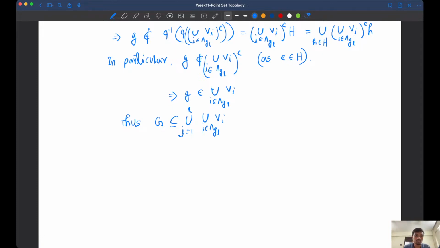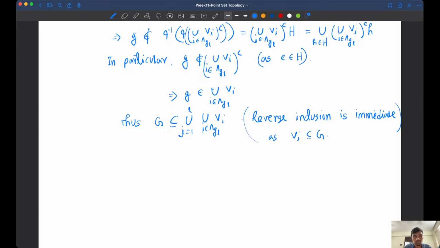And the converse is immediate as Vi is contained inside G, right?